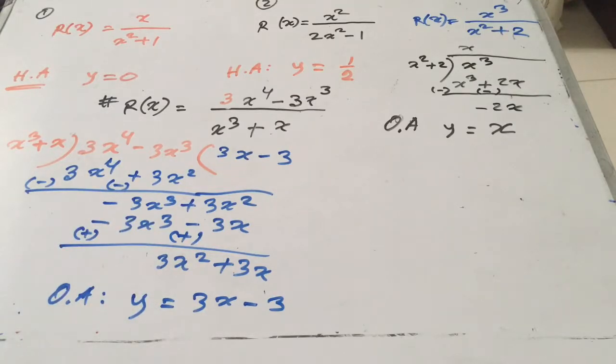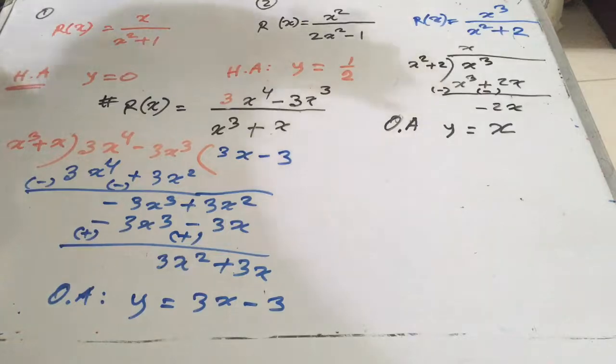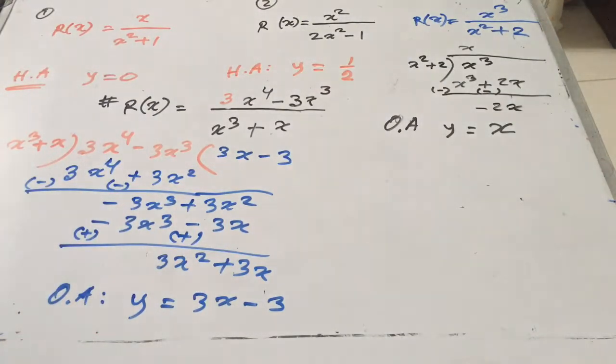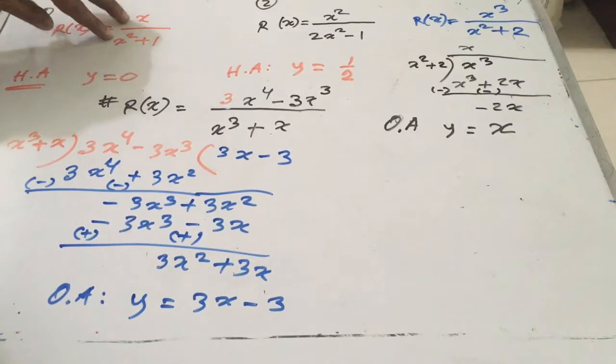So let's recap this whole thing. This whole thing is just to find the horizontal and oblique asymptote. First of all, we have to look at the given question and at the power of the variable.